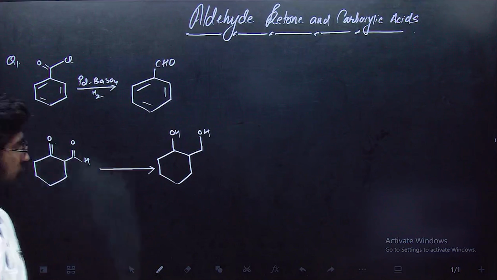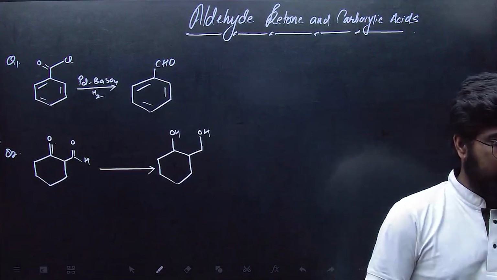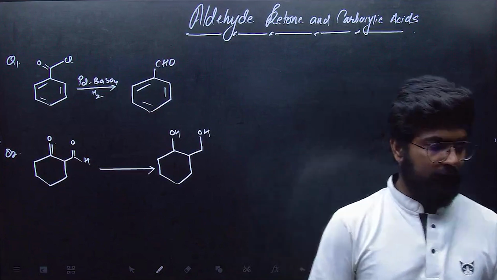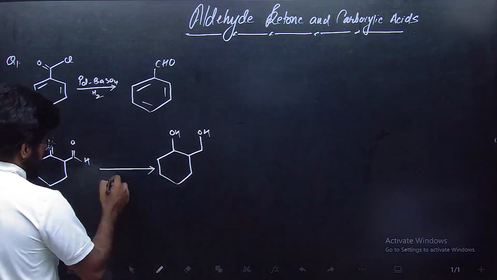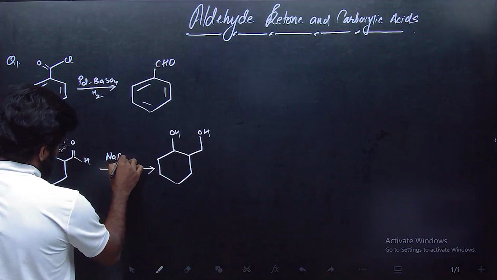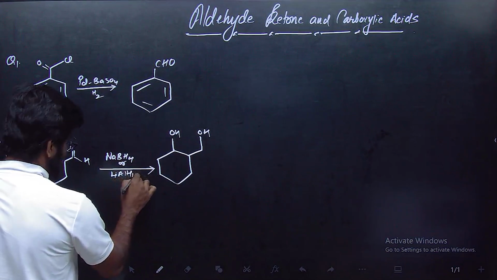What set of reagent, or maybe a single set of reagent, am I supposed to take if I want to end up with this conversion? Basically, any form of reducing agent here, maybe NaBH4 or LiAlH4, can solve your purpose.